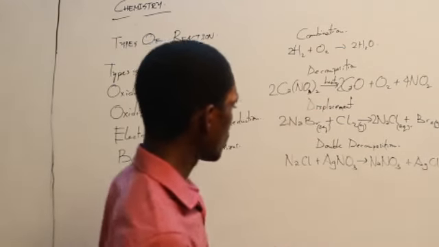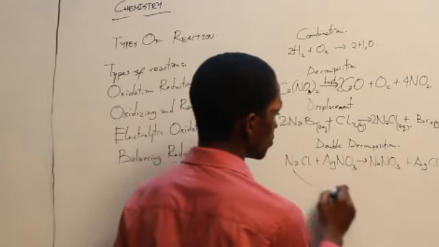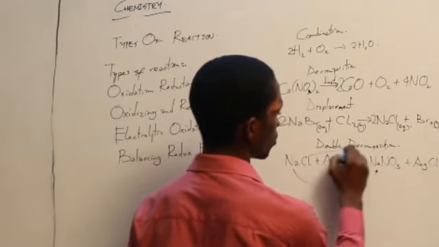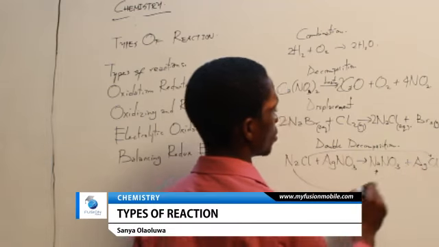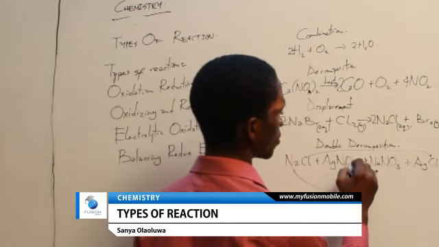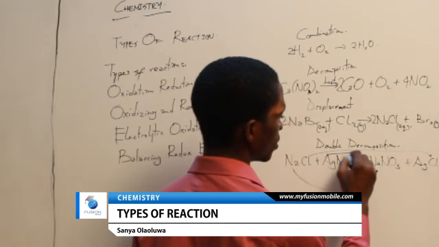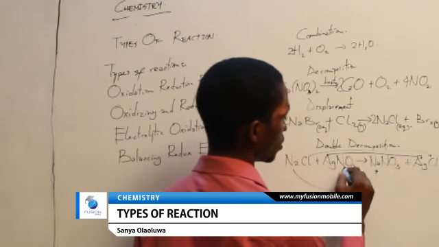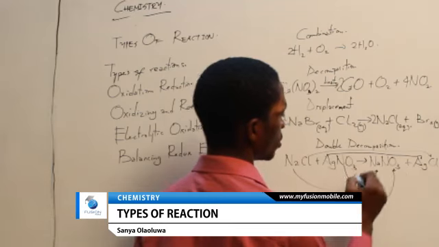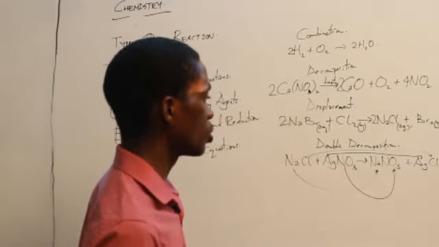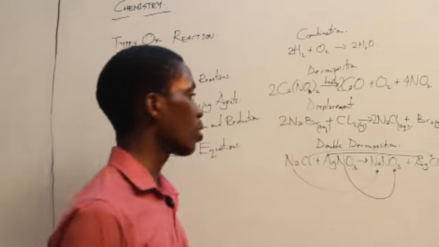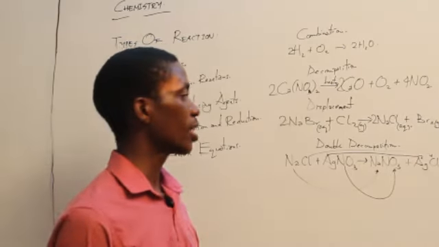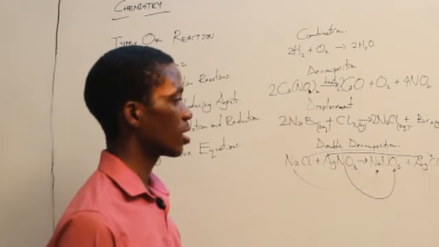You see, the sodium lost its chlorine, while this one grabbed the chlorine but lost its own nitrate to sodium. So that's how it works. Both of them lose something, and both of them gain other things.